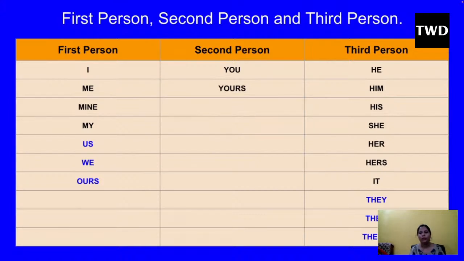Then we go to the third person. The singular third person pronouns are he, him, his, she, her, hers, it. It is used both for animals as well as things. And the plural third person pronouns are they, them, theirs. You have to be very clear with this because our verbs change according to the pronouns we use in our sentence.